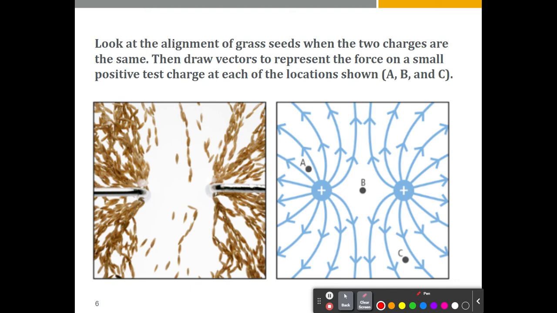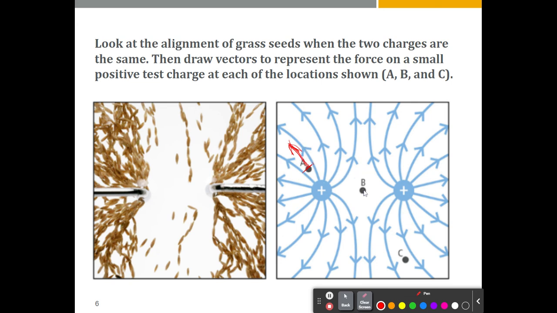But if we wanted to draw force vectors on these test charges A, B, and C, with A, the force vector would be kind of that way. Where the field lines are pointing at that point, that's the direction the force vector will point in a straight line.